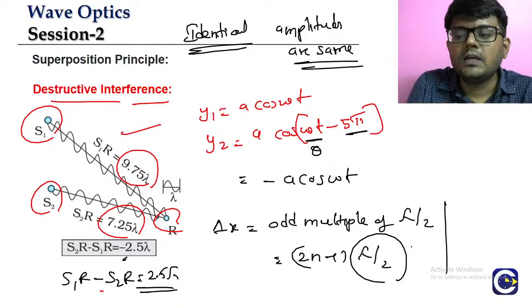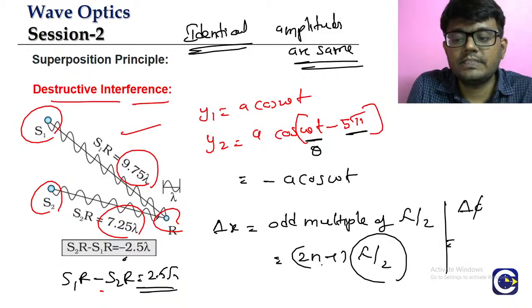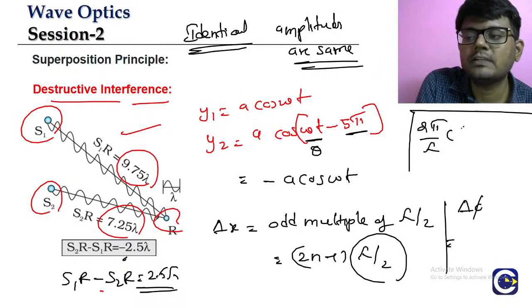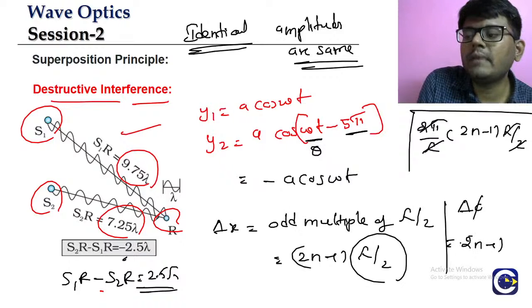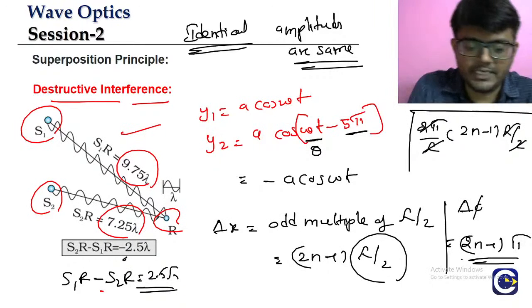The corresponding phase difference will be what? The phase difference formula is 2 pi by lambda into path difference. So lambda is cancelled, 2 is cancelled, and we get 2n minus 1 into pi, an odd multiple of pi.